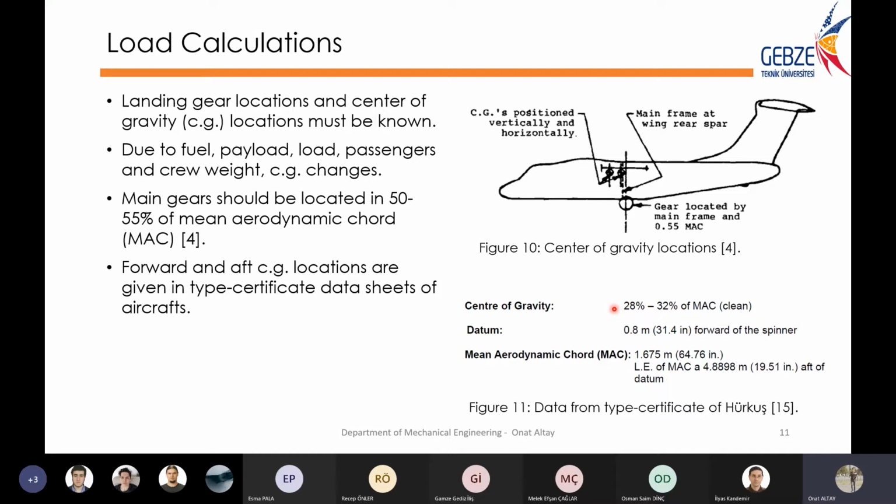Literature states that main gears must be located between 50 and 55% of the mean aerodynamic chord, so I chose 52.5% on average. Since the mean aerodynamic chord location is given in the type certificate of Hürkuş, main gears can be easily located. Center of gravity locations are also given in the type certificate of Hürkuş.